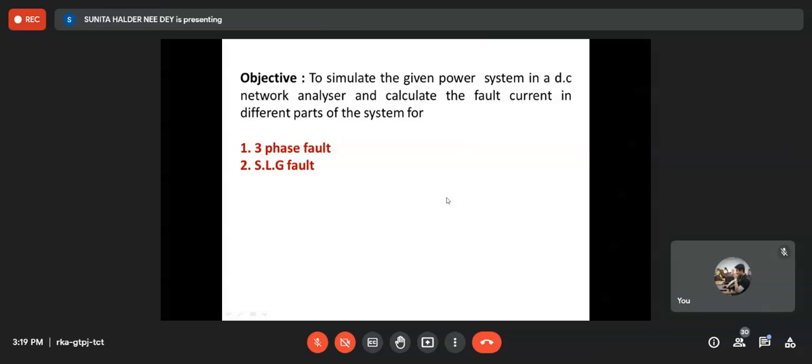You know that there is an array of resistors. We can connect those resistors as per our requirement and study a system. Here we shall study only the three-phase fault and the single line to ground fault, as the experimental data available with me is only for these two.